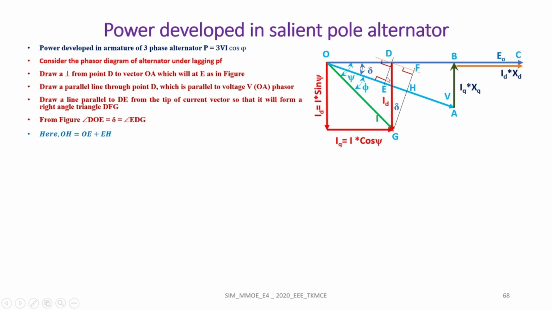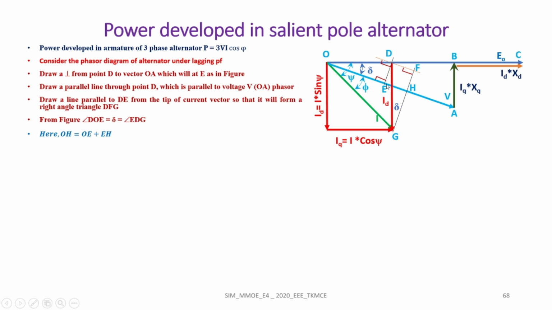Therefore, OE is IQ cos delta and EH is equal to DF. So we can consider this right angle triangle GFD in order to find EH. In this right angle triangle, ID is its hypotenuse. Therefore, DF is equal to ID sine delta. Now, OH is equal to OE plus EH, where OE is IQ cos delta and EH is ID sine delta.